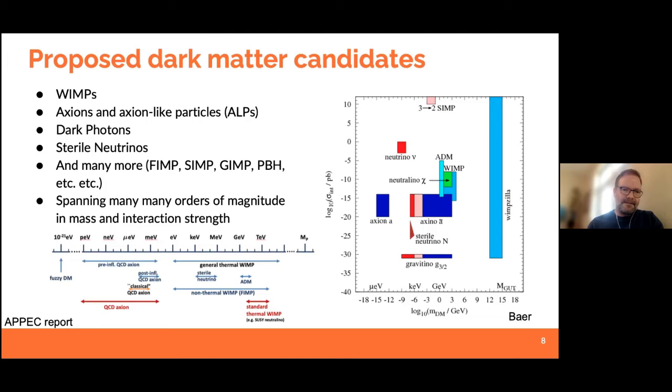As you can see on this sketch at the bottom, these possible candidates for dark matter really span many, many orders of magnitude, both in mass and in interaction strength, that at the end of the day would give you the correct relic dark matter density that we have measured from the Planck data. One thing to note is that the standard thermal WIMP really covers just a small mass range of what could be possible.